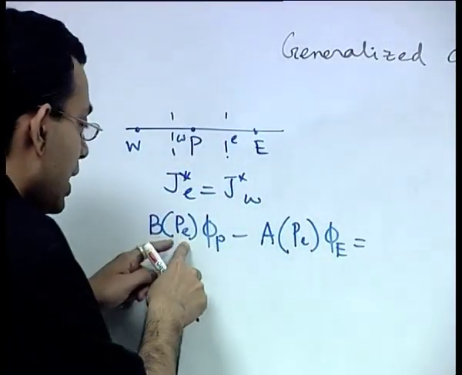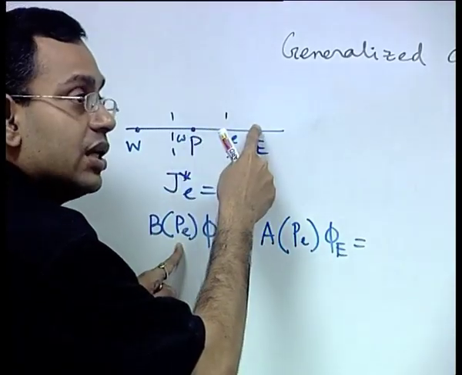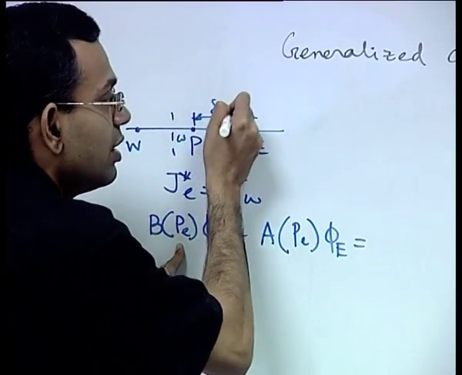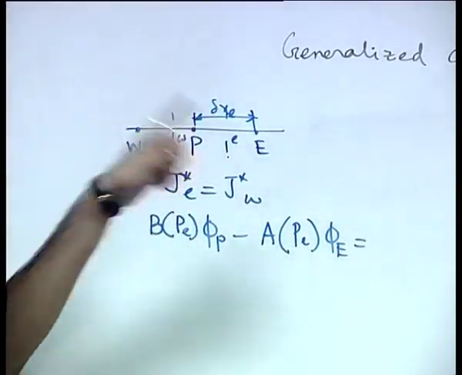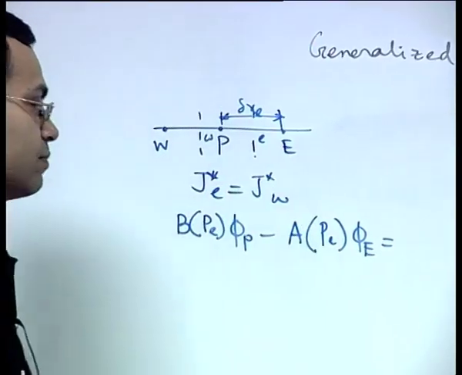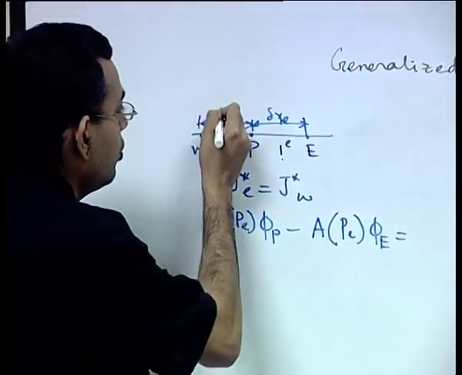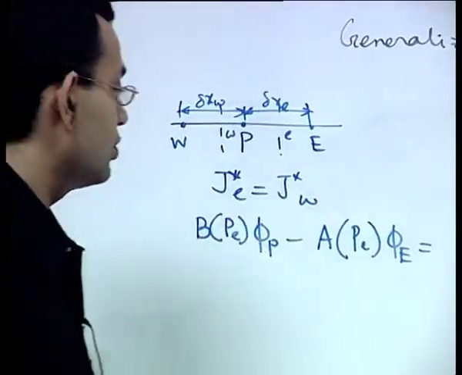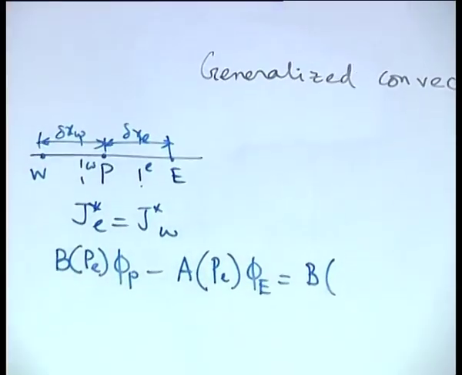Remember, this Peclet number is based on which length? The distance between P and E, that is delta XC, the length scale that was used for the general description between I and I plus 1. Here I is P and I plus 1 is E. Similarly, when you consider JW star, what will be the corresponding length scale for the Peclet number?